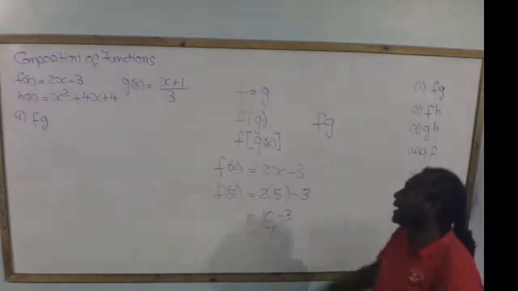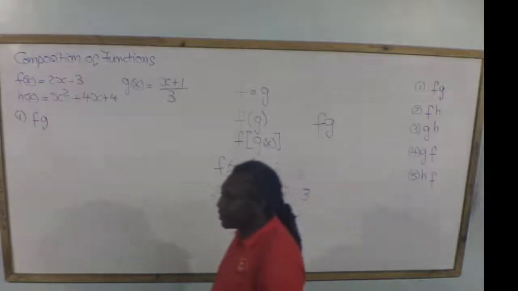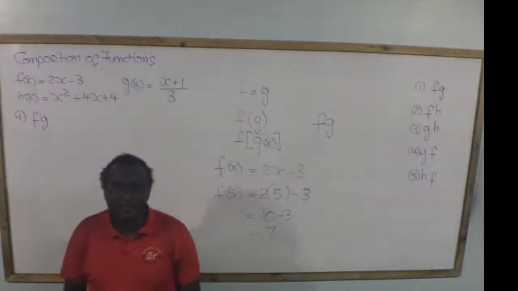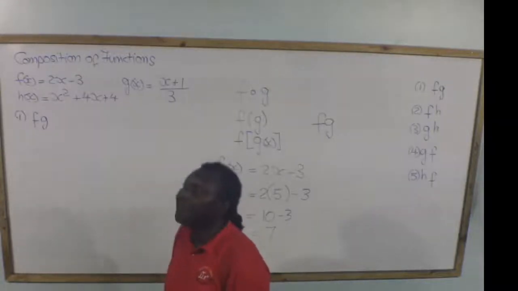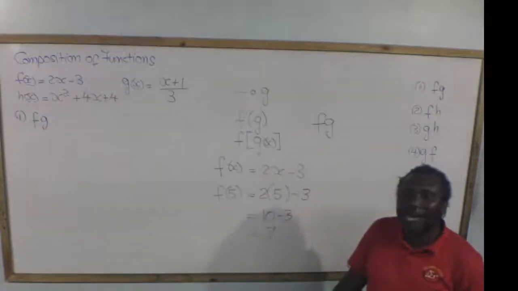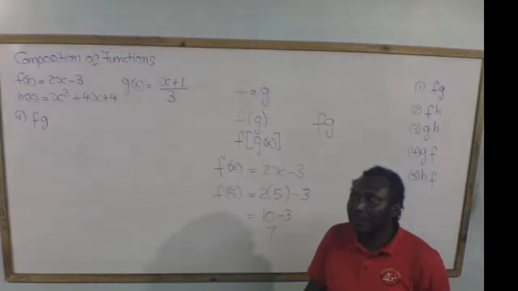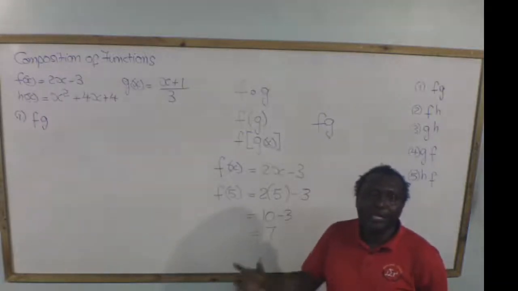So, for example, we are required to find f of g. When we are through, the result that we find is actually g of f. And if you understand the composition of functions, by the time we are through today, you will realize why it is not a good idea to express f of g whose result will turn out to be g of f instead.